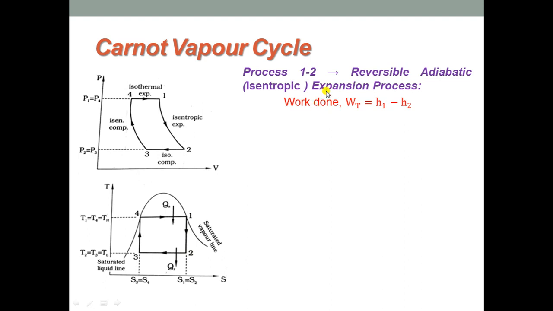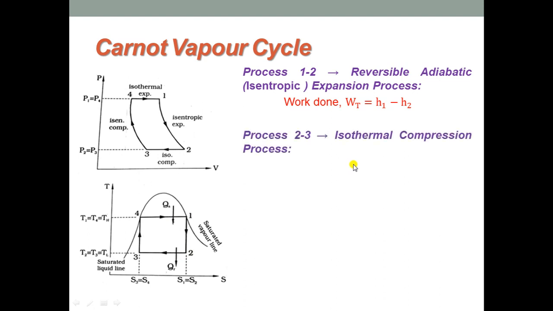The work done by the isentropic expansion of steam is known as shaft work or turbine work, which is positive work and is equal to the enthalpy drop of the steam. That is, the work done by the turbine is equal to H1 minus H2, where H1 and H2 are the enthalpies of steam at condition 1 and condition 2 respectively.